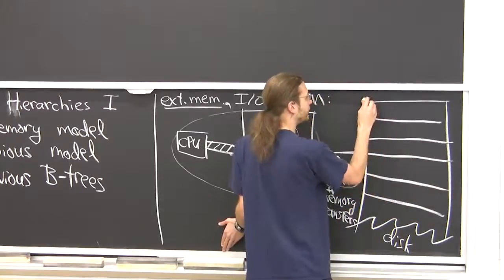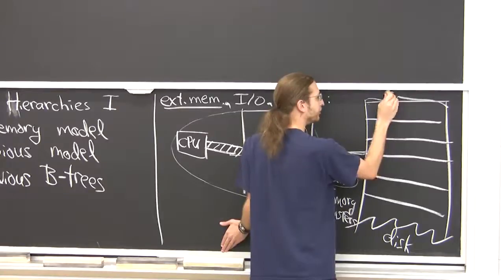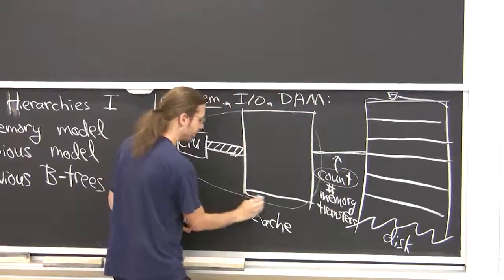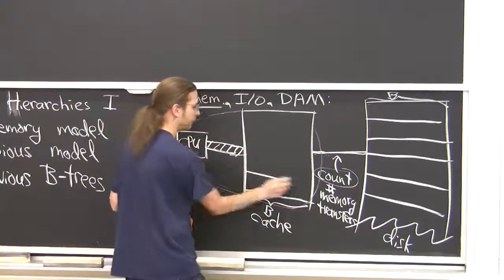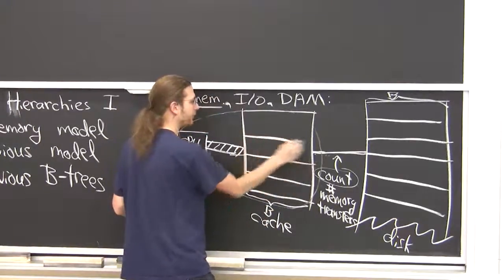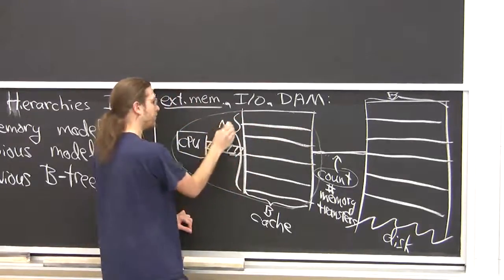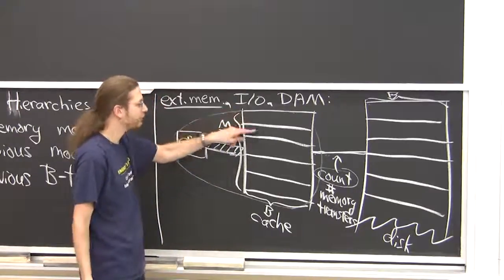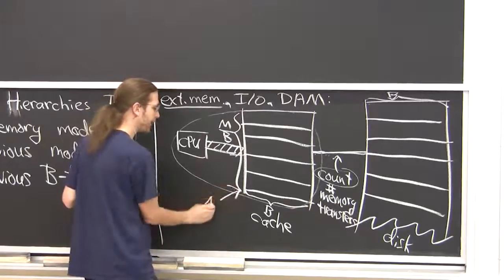Block size here is B, capital B. Also over here, caches are divided into blocks of size B, and we have a limited number of them. We're going to suppose we have M over B. Cache lines they're usually called at the cache level. And so the total size of the cache is M.